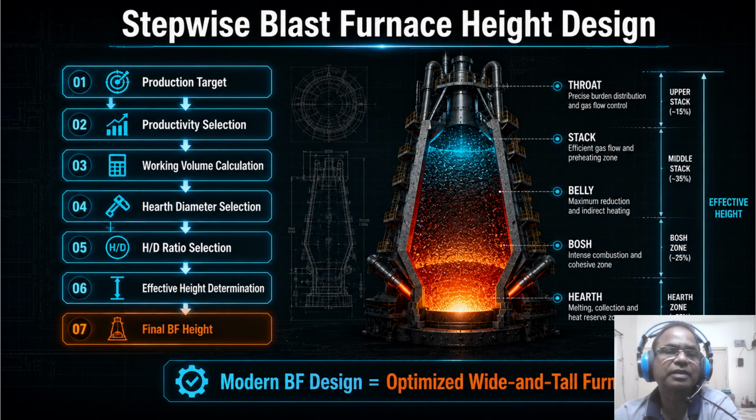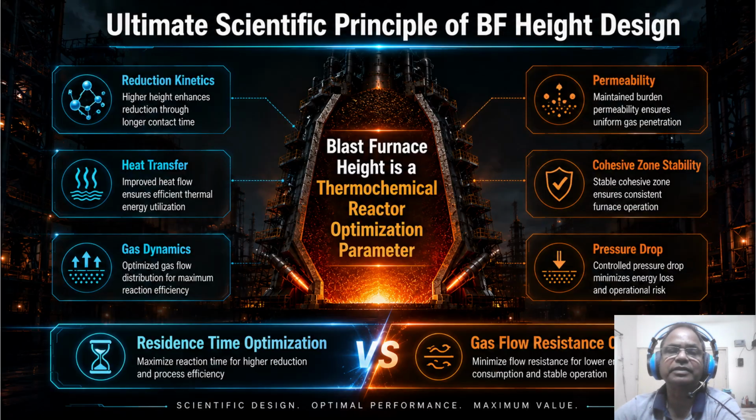And this entire discussion can now be summarized into one final scientific principle. So what is the scientific principle of blast furnace height design? This final slide brings together the complete scientific logic of the blast furnace height design.